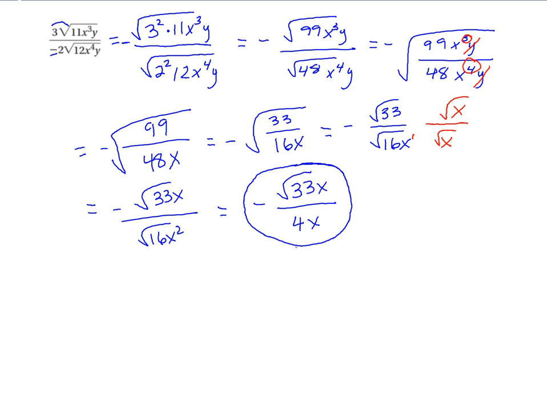Now you might be wondering, why does this one not come out to be an absolute value? The real reason is because when we start, we have x to the fourth. So x to the fourth is already going to be reducing down. Anytime you have an even power, you're going to have an even number.